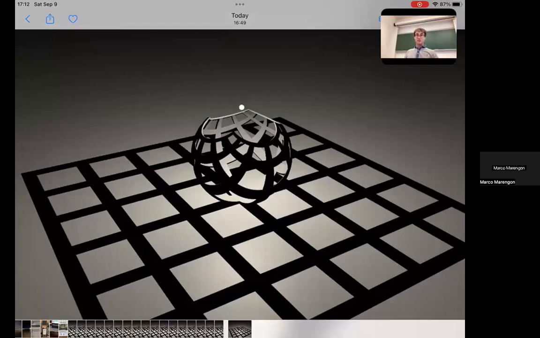And here you see again that not only does this identification not preserve distances, it doesn't even preserve straight lines, because a straight line on the plane that you see here is identified with some curved line on the sphere.